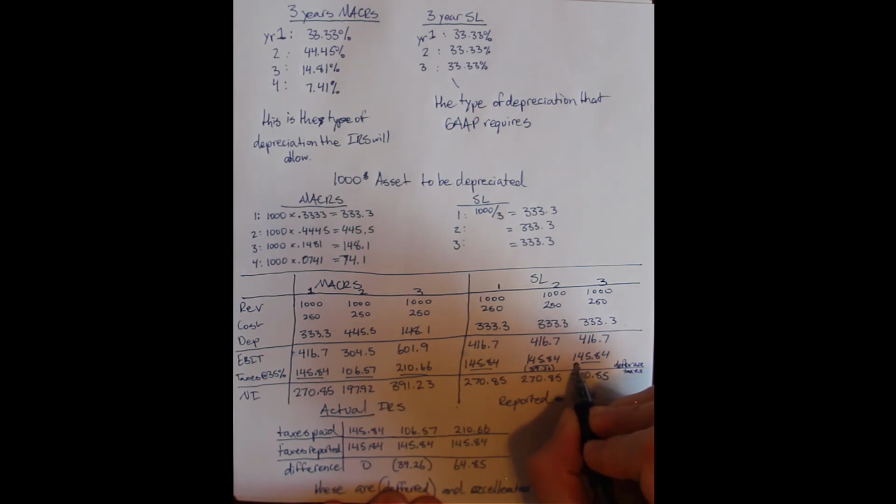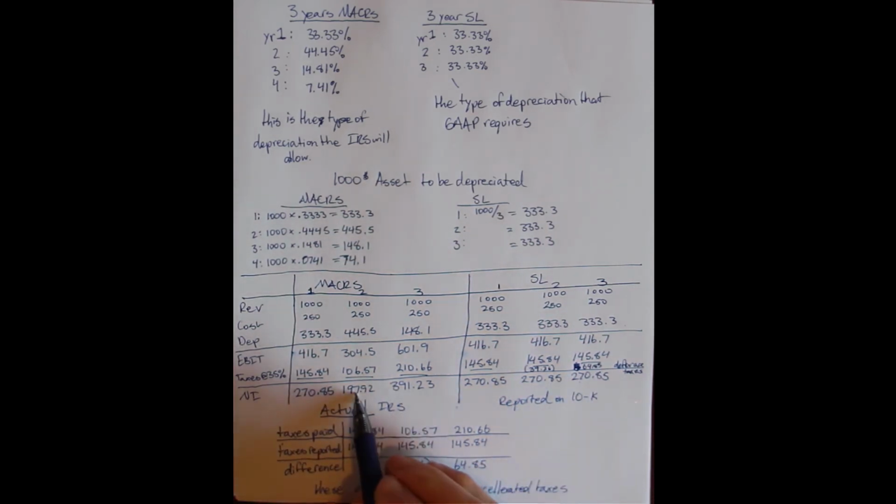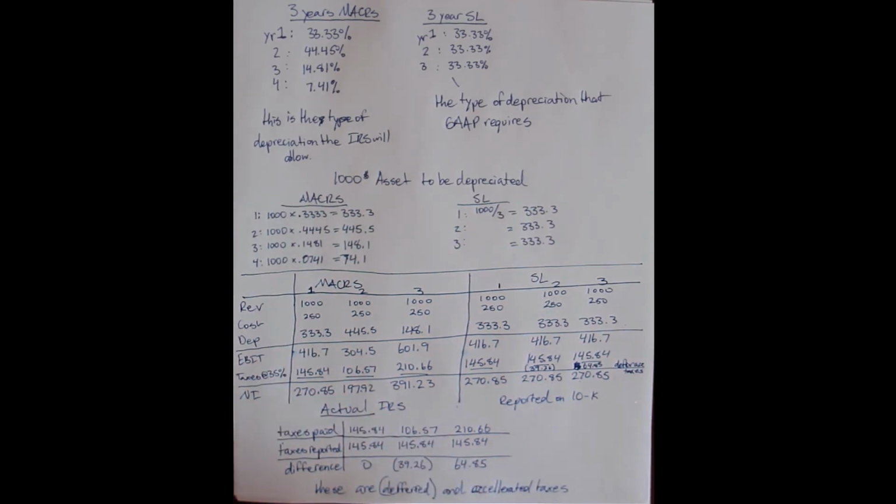Here I'd have accelerated taxes, not negative. I'd just have accelerated taxes of $64.85. That would correct my net income so that it would be the same as what I actually paid. And that's what I have to be careful for. That's what we're looking for when we are adjusting our reported taxes to our operating taxes. We need to look at these deferred accounts and make sure that we've got them all straight.